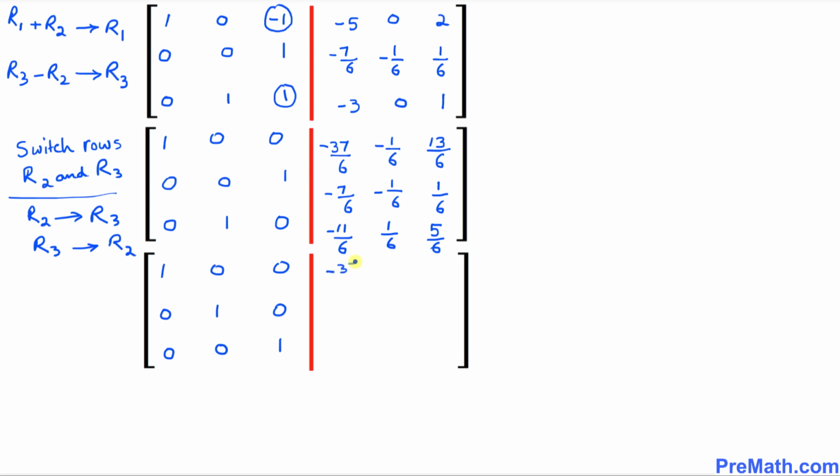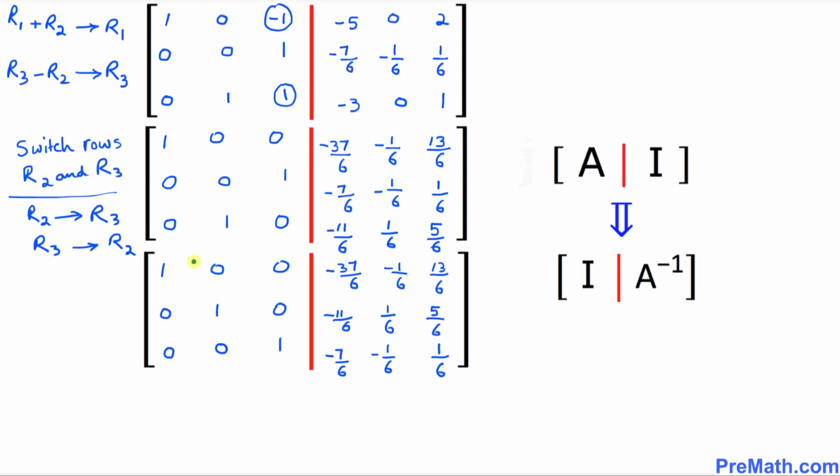Negative 37 over 6, negative 1 over 6, 13 over 6, and this becomes negative 11 over 6, 1 over 6, 5 over 6, and this becomes negative 7 over 6, negative 1 over 6, and this is 1 over 6.